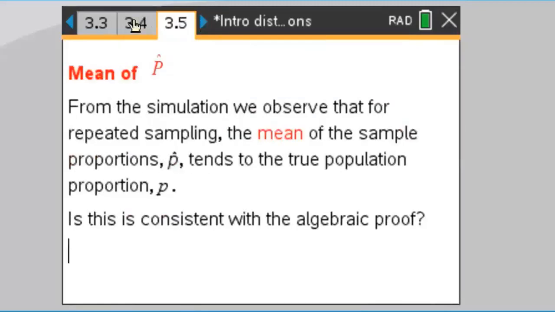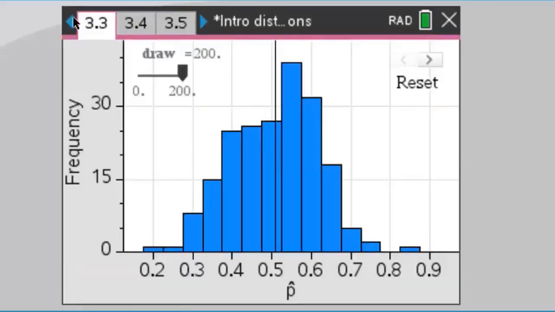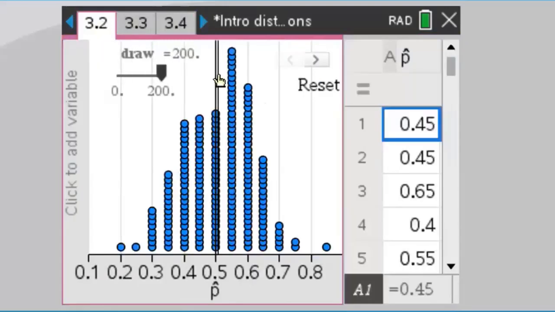Now, the other thing that was interesting was that even though the mean of all of those values jumped around, as I had more and more samples, or sample results, we saw that the mean of all of those results converged towards the true population proportion.